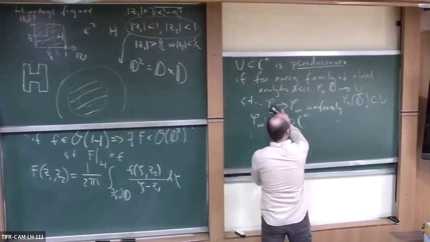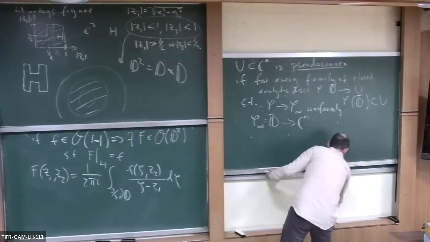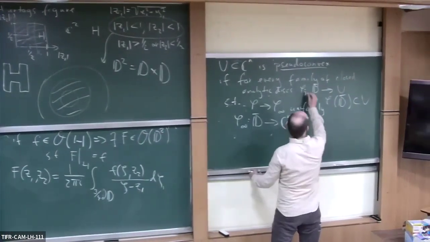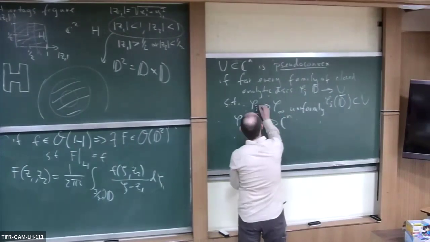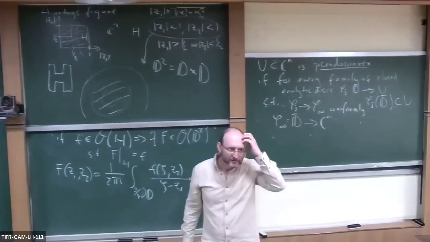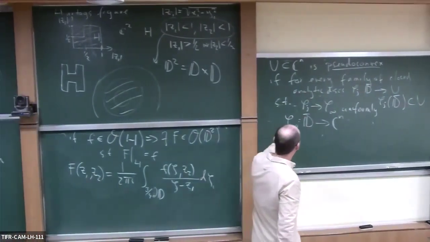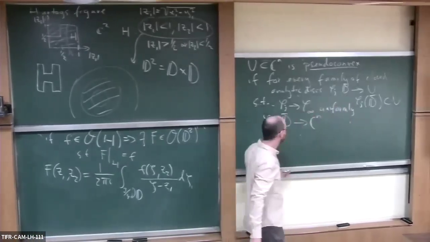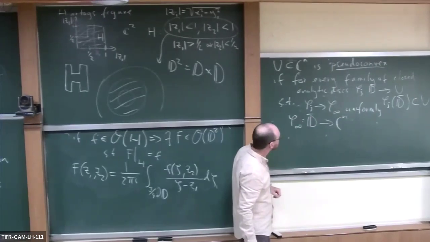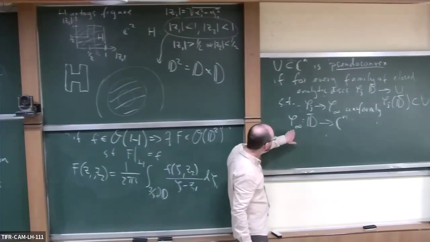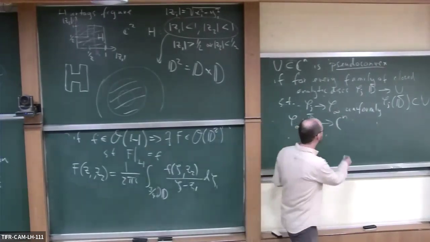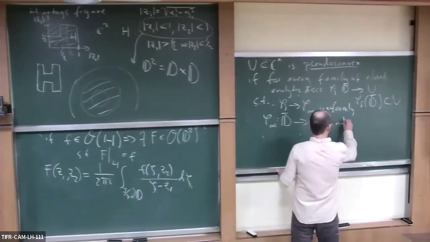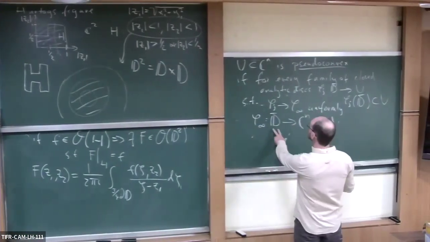Let's make it J. Uniformly on the closure. So I'm really thinking of it as a function on this.